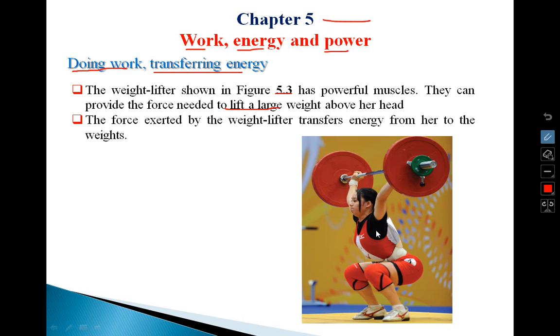The weightlifter can take this from the ground and move it approximately 2 meters up above her head. The force exerted by the weightlifter transfers energy from her to the weights.